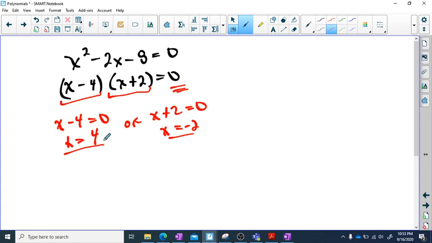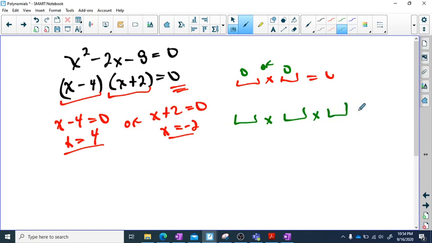Again, it's based on the whole premise that if you have two things multiplied together and the answer is 0, one of them has to be 0. Could be there or it could be there. Well, that premise isn't going to change if we expand and have 3 things multiplied together, still equal to 0.